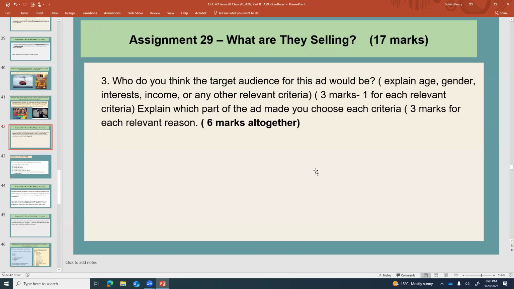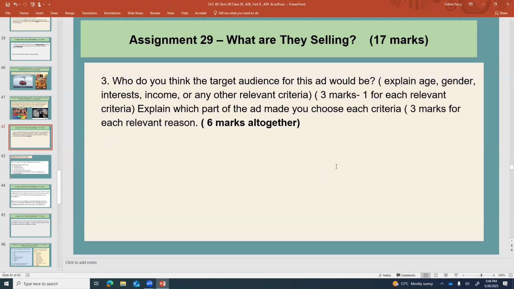Who do you think the target audience is? Now, we've talked about audience before several times. So what age group do you think would be attracted by that particular ad? What gender? What interests? Income level, if that's important. Any other relevant criteria, right? Race, country, hobbies. It just really depends what they're trying to sell. 3 marks, 1 for each relevant criteria.